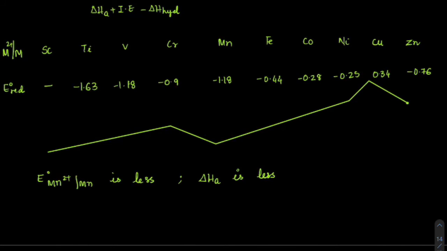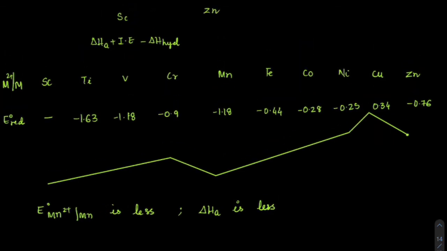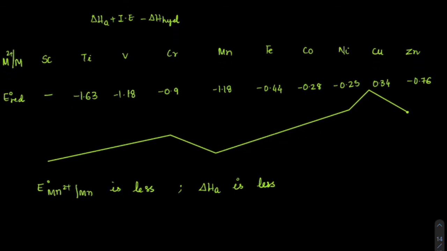If you recall, the melting point of manganese was less, remember, and this is the reason, because you can see melting point is directly related to the atomization, so the atomization value is less here, and since the atomization value is less here, we can say that the second ionization is also less.